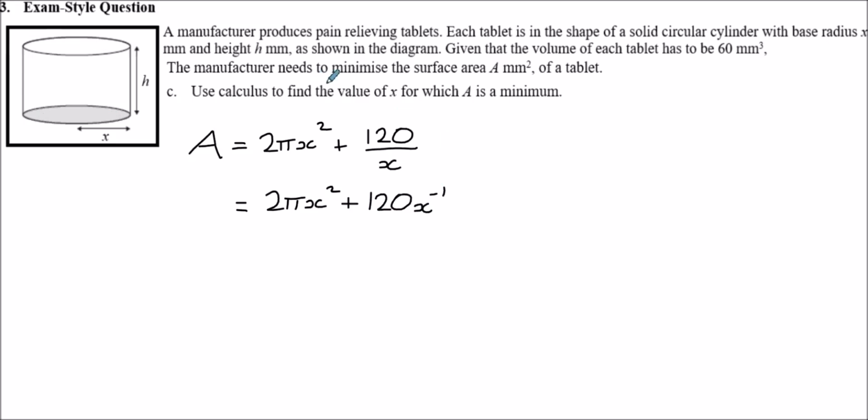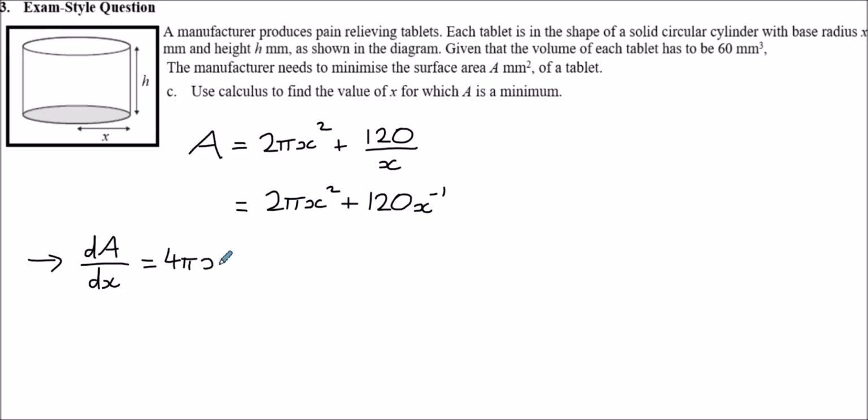And so the value of the surface area is going to be a minimum or a maximum when we find out where the dA by dx is 0 for the function. So if we work out dA by dx and find when this is 0, well, if we differentiate the 2 pi x squared part, the 2 comes to the front, so 2 pi becomes 4 pi.